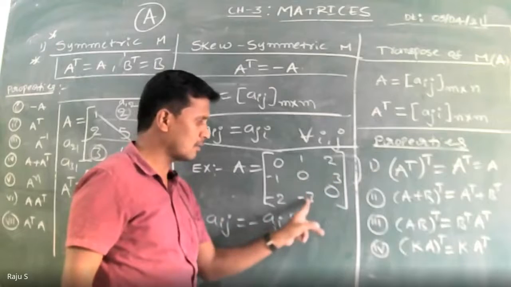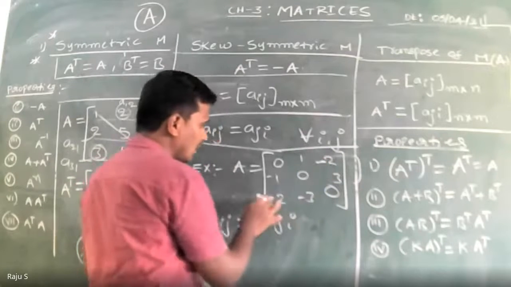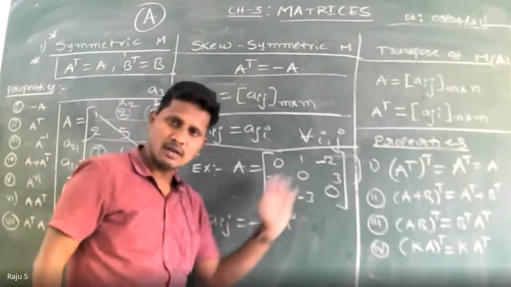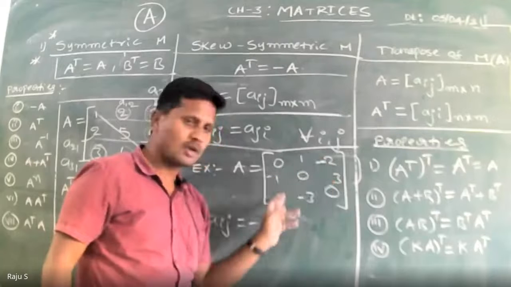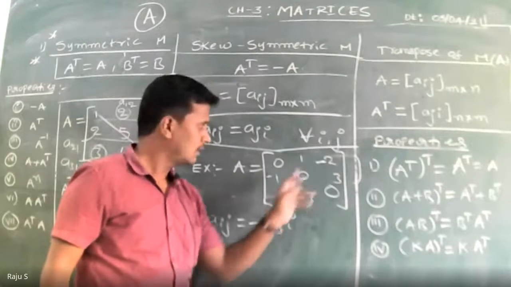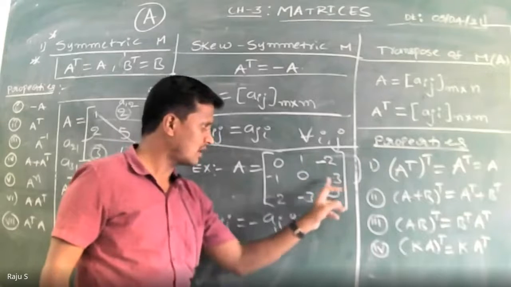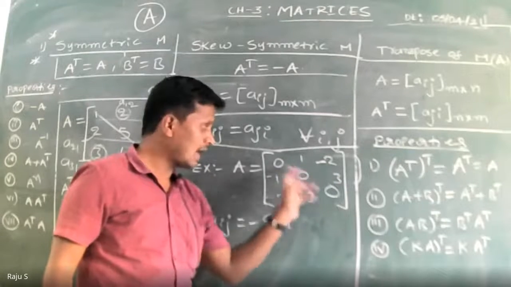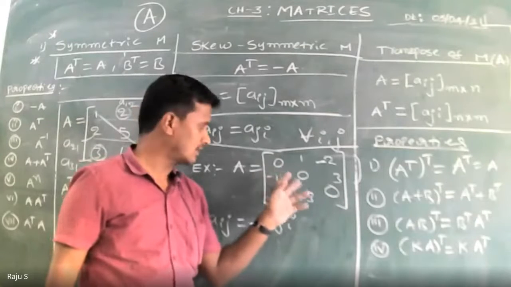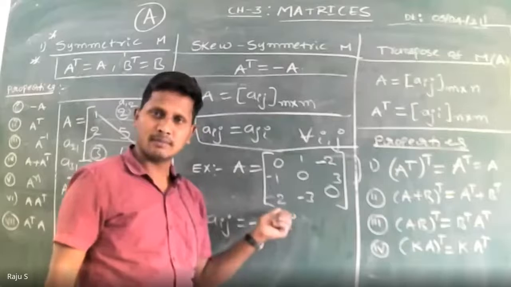In case here is minus, the corresponding element has to be plus. If you take minus 2, the corresponding off-diagonal element has to have the opposite sign: minus 2 becomes plus 2, plus 3 becomes minus 3. But the diagonal element has to be 0. So this is an example of a skew symmetric matrix, right?